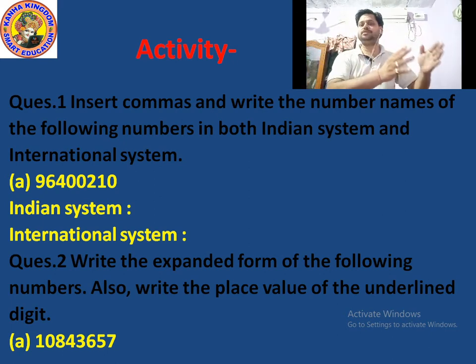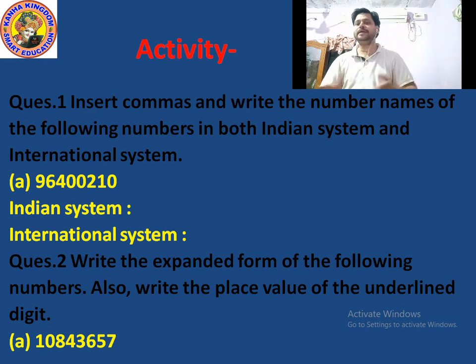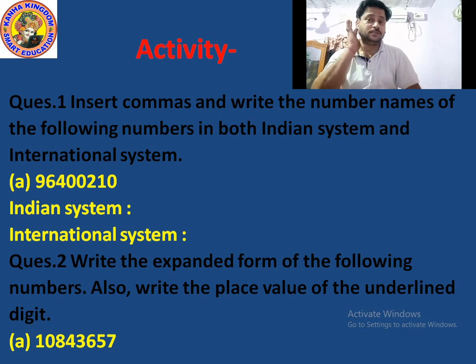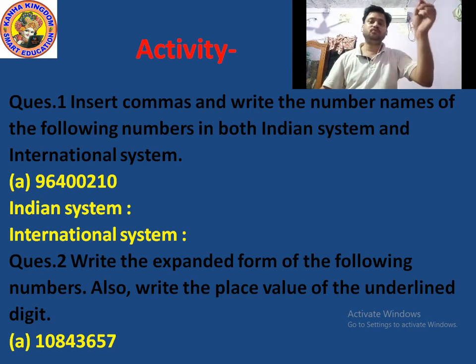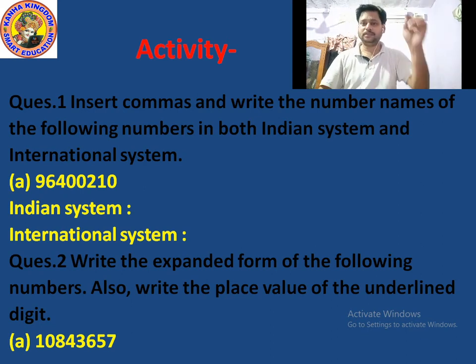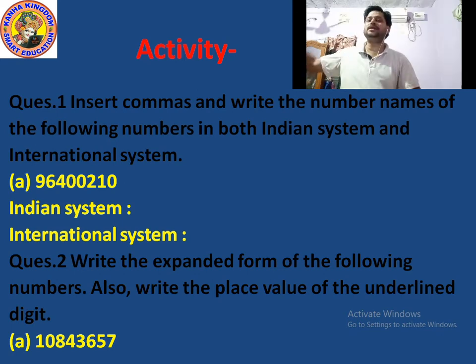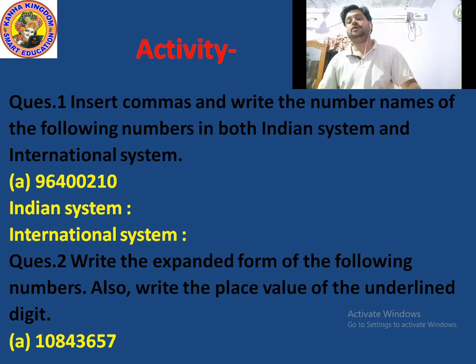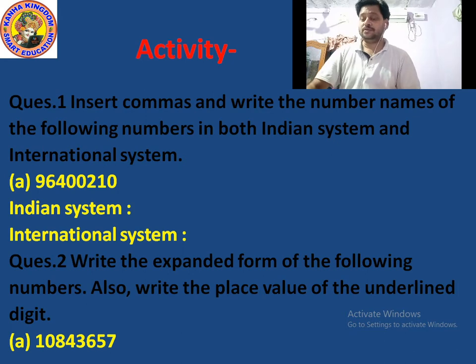How? First you start from the left hand side. So which digit? Yes, the digit in the crores place. First you write that one, then the rest of the digits converted into 0. Then plus, then after that the 10 lakhs place.